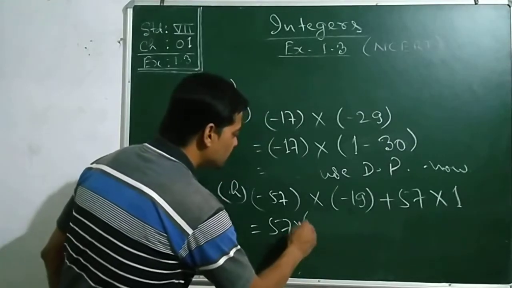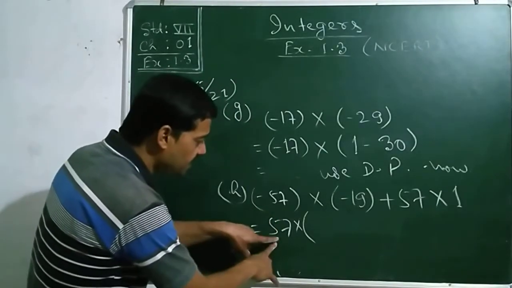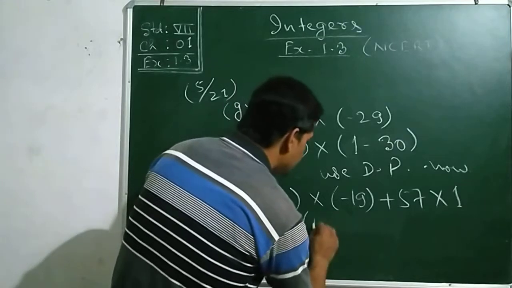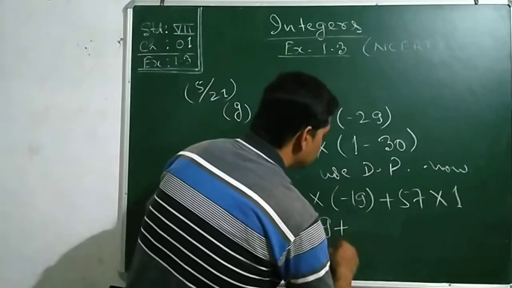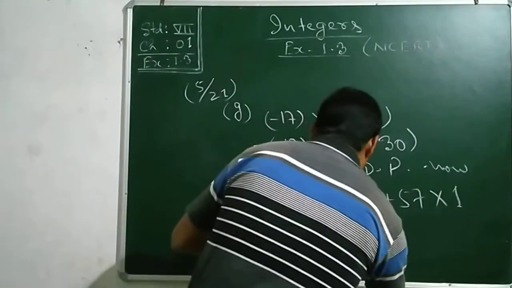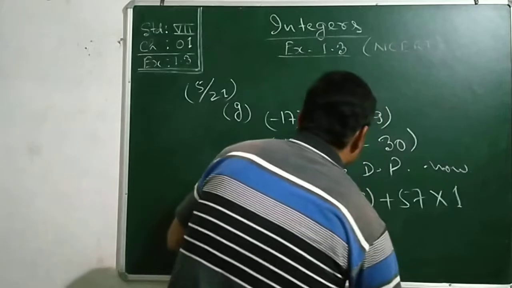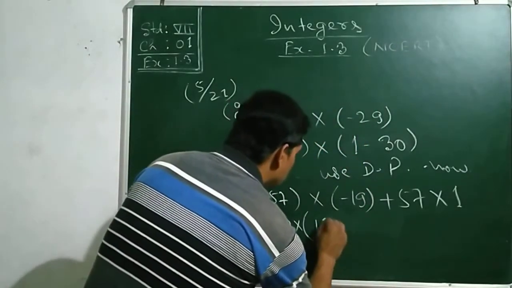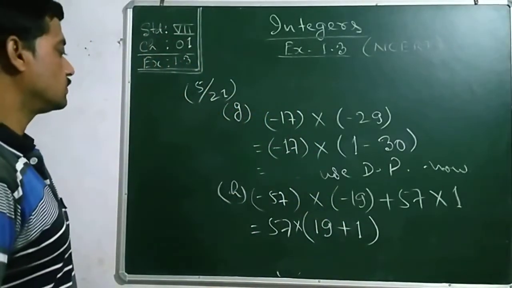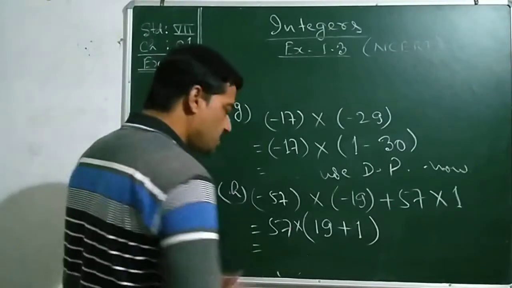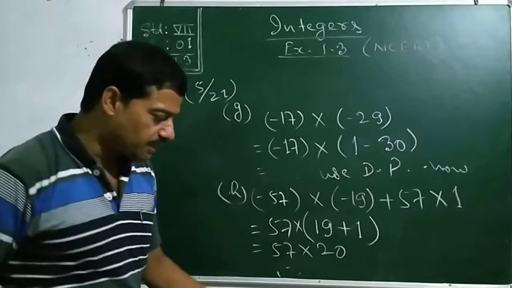Within the bracket, A into B plus A into C. So instead of writing minus A, I have written here minus B, that is 19, plus C. And the next step becomes very easy for you: 57 into 20, multiply, find the product.